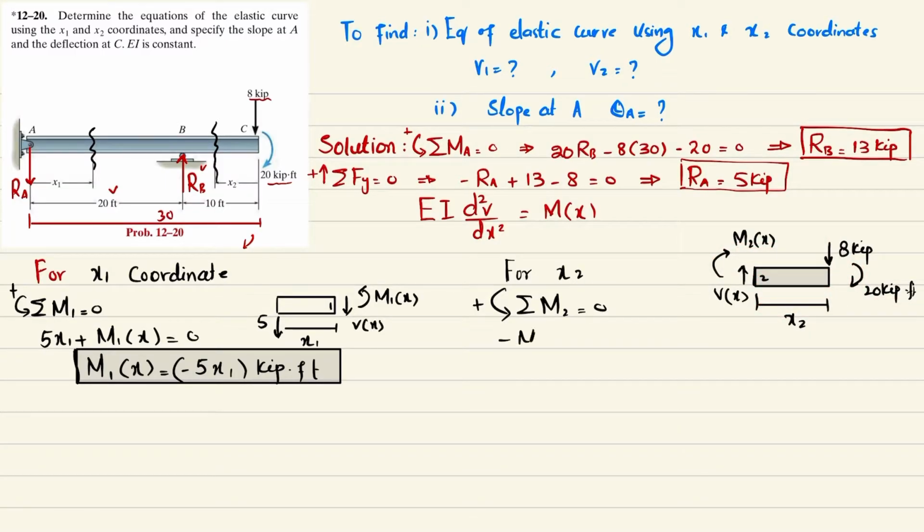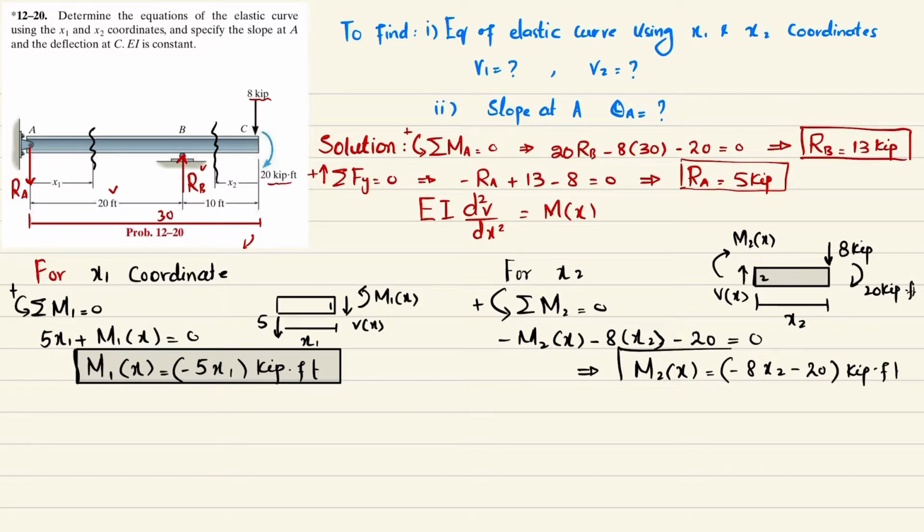So minus M2(x) minus 8x2 minus 20 is equal to 0. From here you will get M2(x) is equal to minus 8x2 minus 20, and the unit will be kips-ft. So this is the moment equation for coordinate x2.